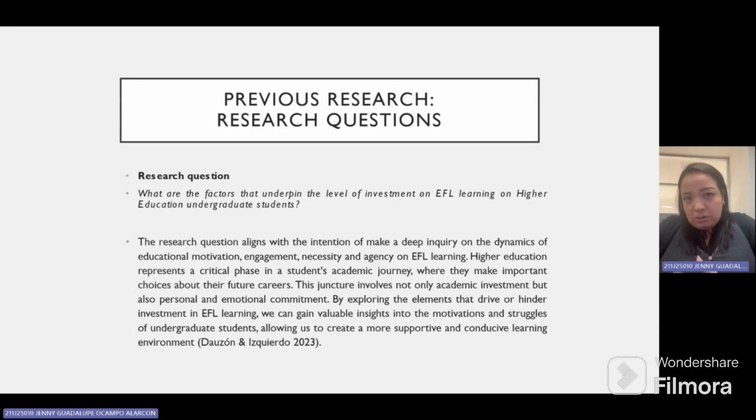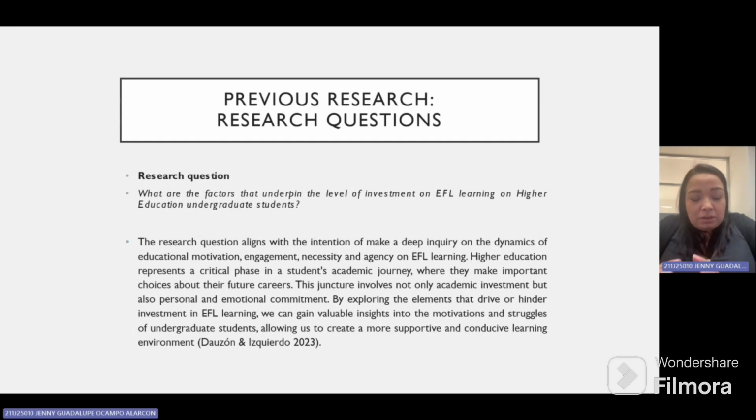or how to guide the students, because in higher education most of their career decisions are taken, and it is important that they make good choices about their future careers, not only in academic investment but also on a personal and emotional level.